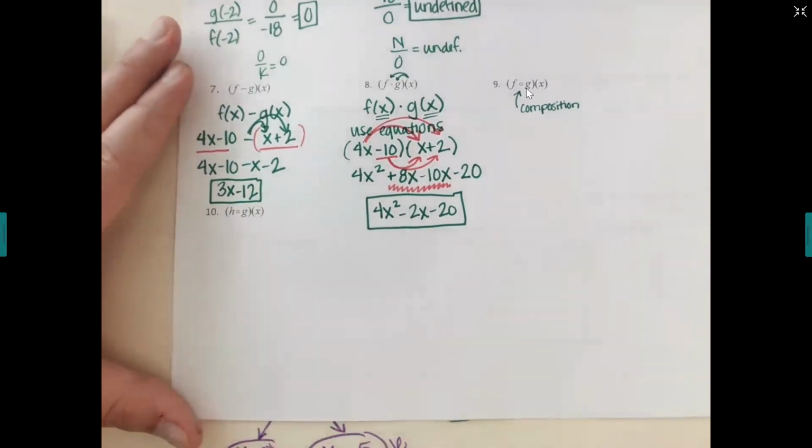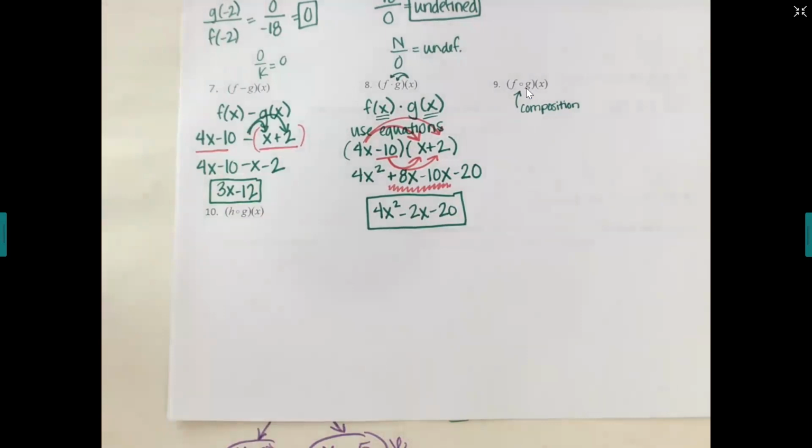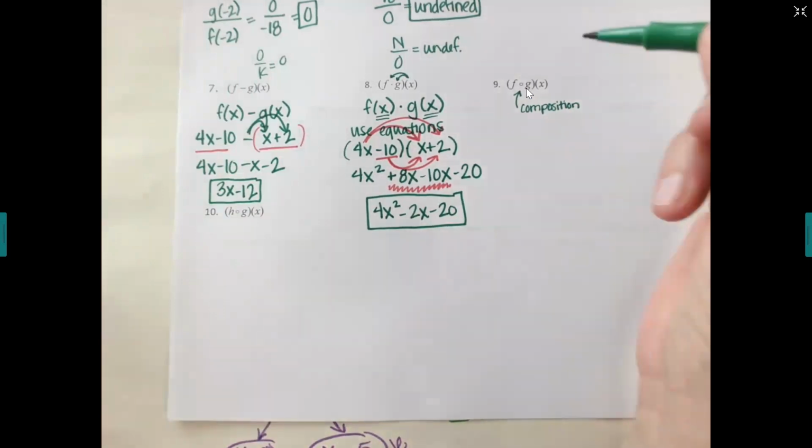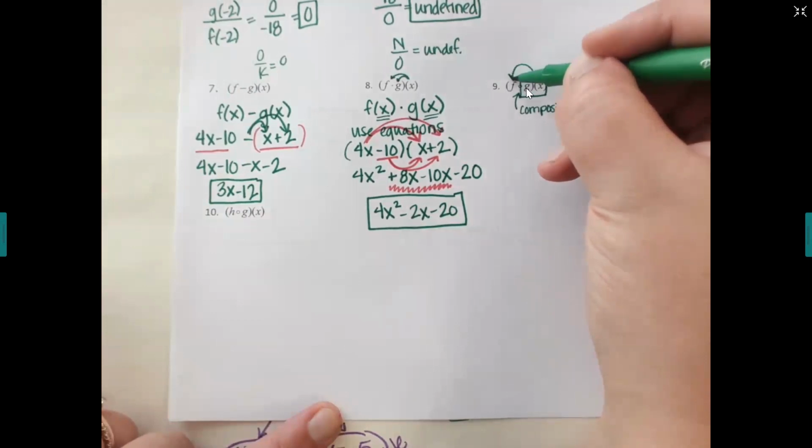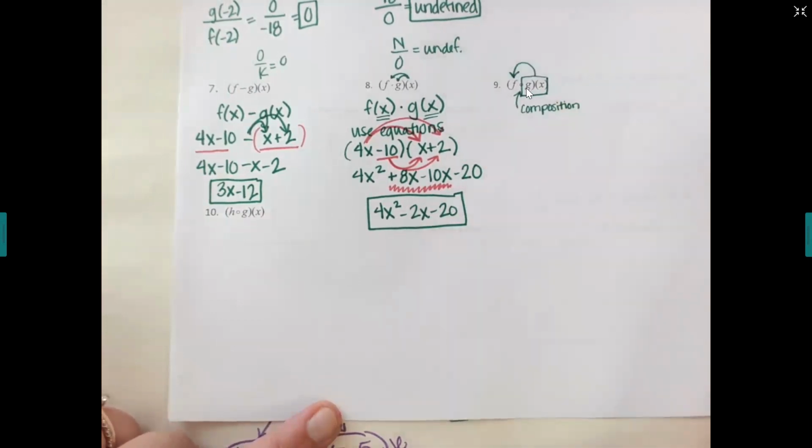So for a composition, you're plugging the function closer to x into the function farther away. So for example, I'd be using the G formula and plugging into F. Now the example that we're going to work together is actually going to be number 10, but you'll work both of these out very similarly.